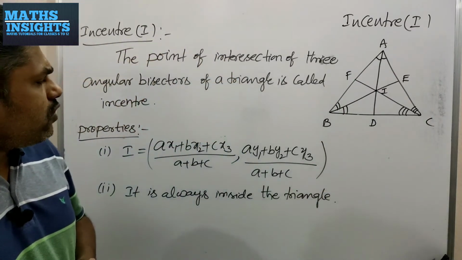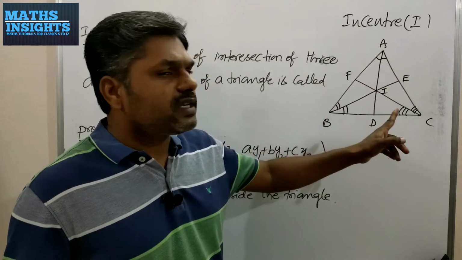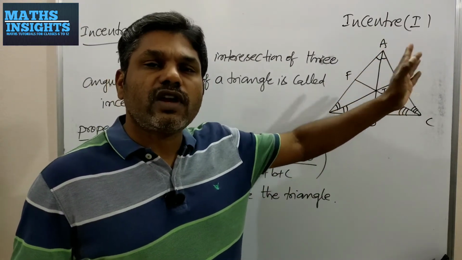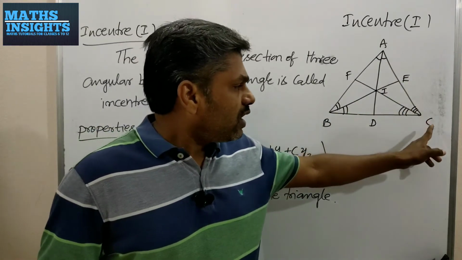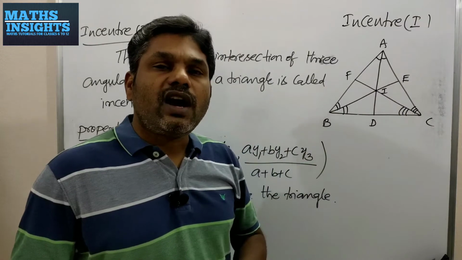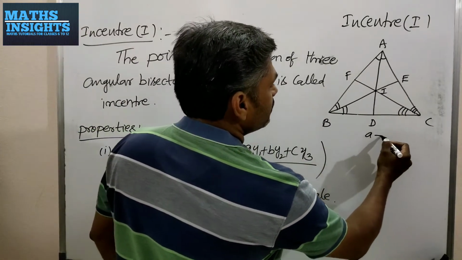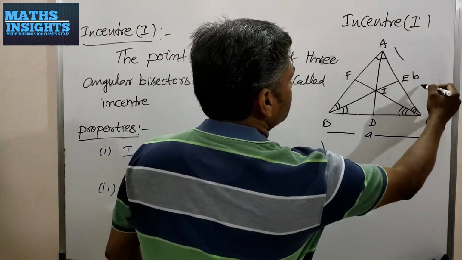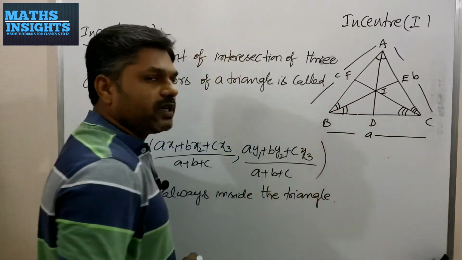So when you are given the vertices A, B, C, where the coordinates of A are x1, y1, of B are x2, y2, and of C are x3, y3, and the lengths of the sides are given. This is the length of the side BC, this is the length of the side AC, and this is the length of the side AB.